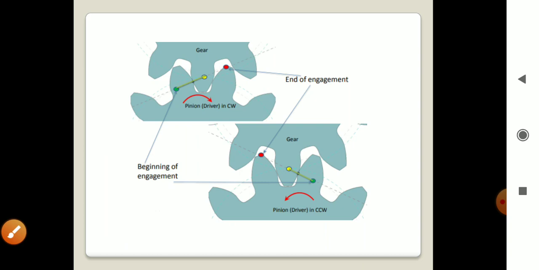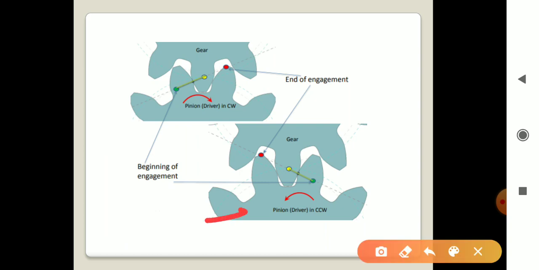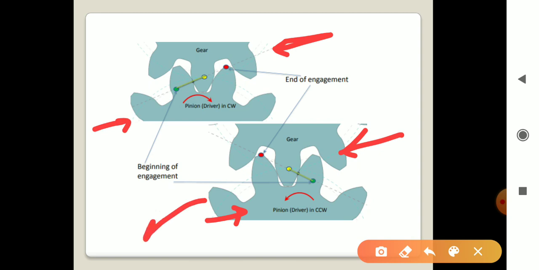Again, another figure will be there. This is the pinion and this is the gear, and the same thing applies. This pinion rotates in this manner, and the gear will be in the opposite direction. So this is the beginning of engagement, and in this case this is the disengagement of the gear, or the end of engagement.